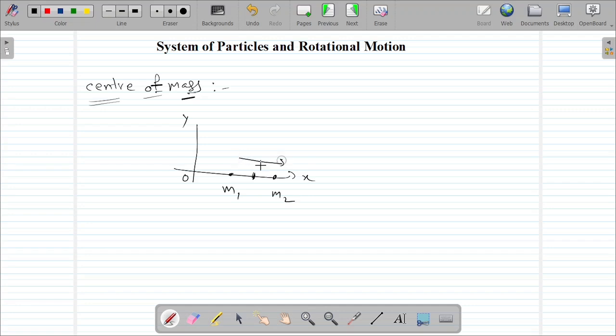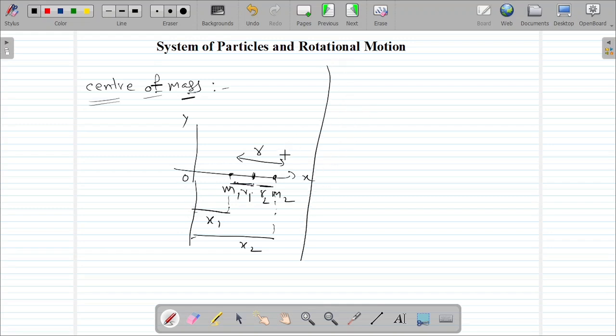Let's consider the two are at a distance r, from m1 to the center is r1, and the remaining is r2. From the origin, m1 is at a distance x1 and m2 is at a distance x2.